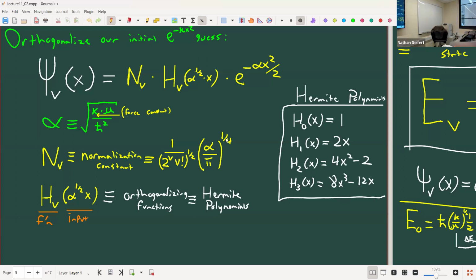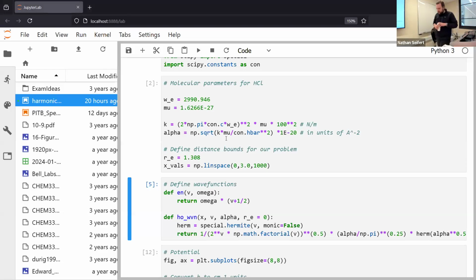Okay, so what I'm going to do is I'm just going to plug in some values for mu and k from a real molecule, just so we can plot this. So part of the homework is to do this process for a selection of molecules, and it's just algebra and calculating some numbers. It's really just, in some sense, this problem set is kind of an exercise in unit conversion.